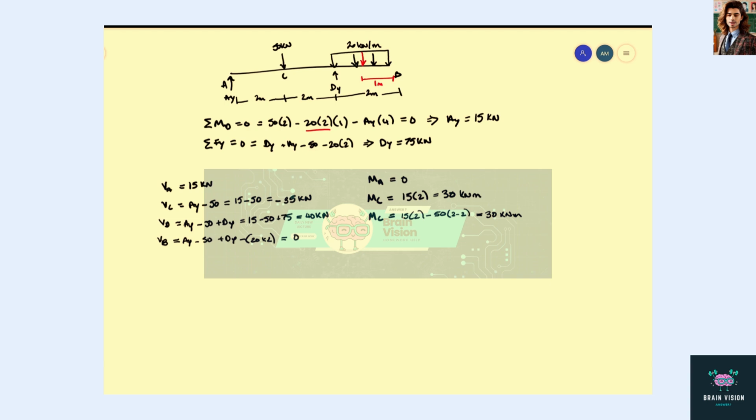And now we're going to look at the bending moment at D. So we have 15 times 4 minus 50 times 4 minus 2. We get negative 40 kilonewton meters.